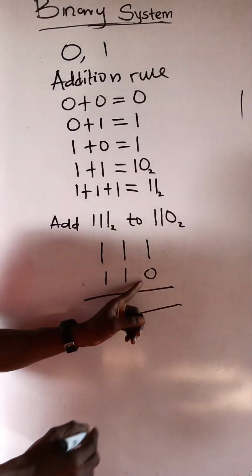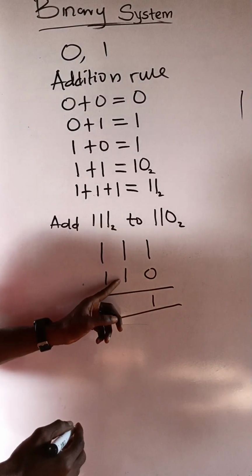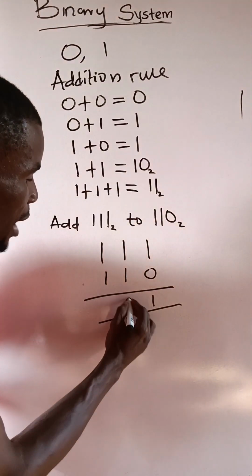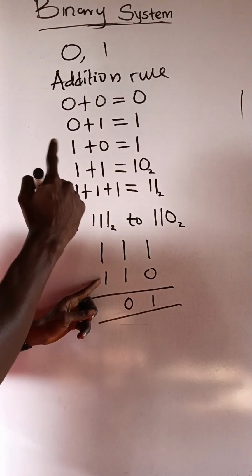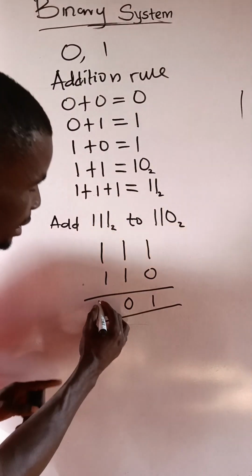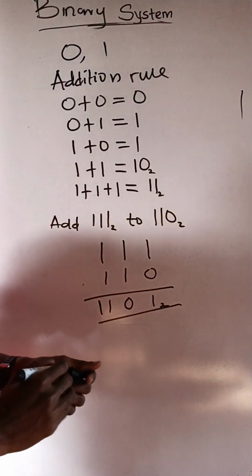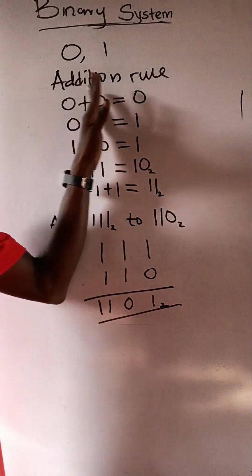So 1 plus 0 in binary, I told you, is 1. 1 plus 1 in binary is 10. So what do you write? You write 0 and then carry 1. 1 plus 1 plus that 1 you carry gives you 11, base 2. This is our answer when using the rules of addition.